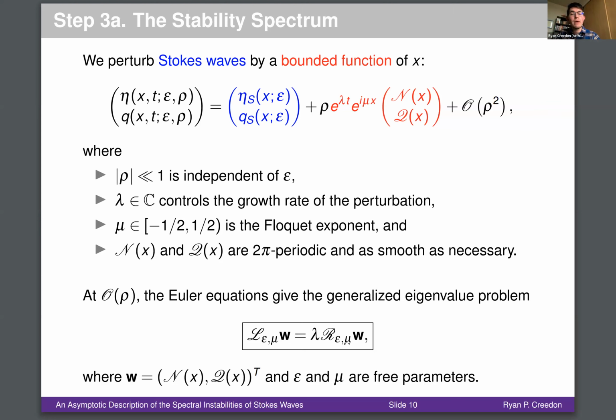And the important thing about this spectral problem is that when you set epsilon to 0, we can solve this problem exactly. Because when epsilon is 0, this operator R and this operator L become constant coefficient. And it turns out that your eigenfunctions are just Fourier modes. And once you know what the eigenfunctions are, you can easily from this equation back out what the eigenvalues have to be.